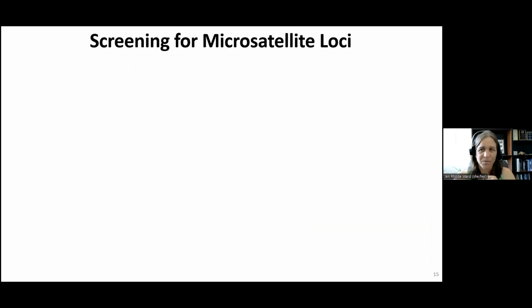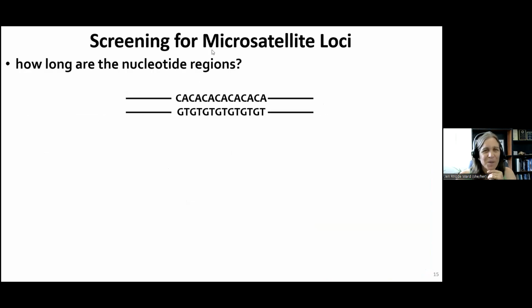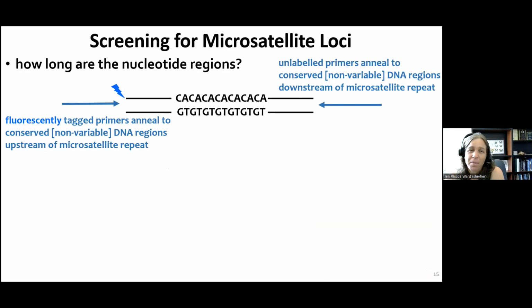Okay, I'm just going to break this down for you a little bit more, and then I'll tell you the answer. So we can look at these microsatellite loci to figure out how long the nucleotide regions are. Here's my example I showed you before. So here is a microsatellite locus, just a microsatellite place in the DNA of this bittersweet. It's got 7 repeats. So I'm going to make copies of this region using PCR or polymerase chain reaction.